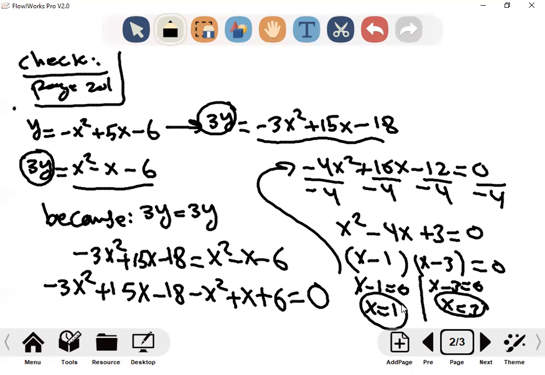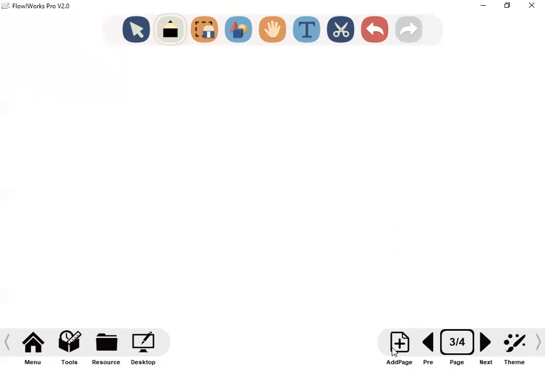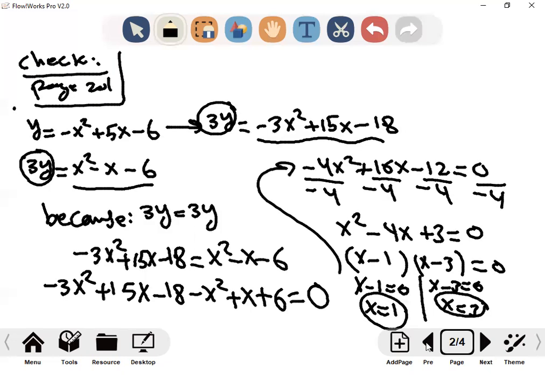So let's take x equal 1 and find y. Y equal what? Don't use the 3y. Here you have y equal and 3y. You can use both to find y. But with 3y you will divide by 3 at the end, and here no need to divide by 3. It's ready, right?